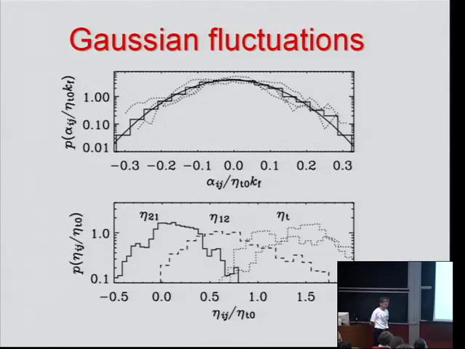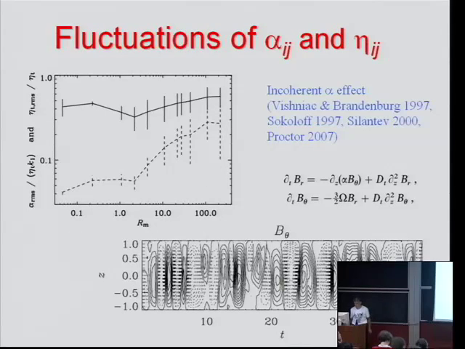Another possibility that I mentioned already yesterday in the discussion is that these fluctuations in the alpha tensor, which fluctuate clearly about 0, with any of the 4 components of alpha plotted here, show a Gaussian distribution about 0. But the excursions are occasionally very large, and it's a question whether this could explain magnetic fields through what is known as the incoherent alpha-shear dynamo.